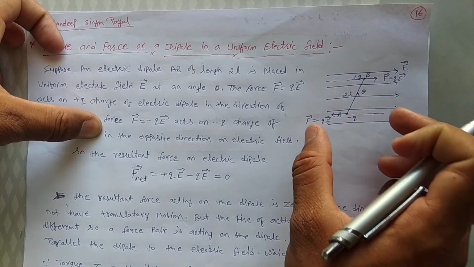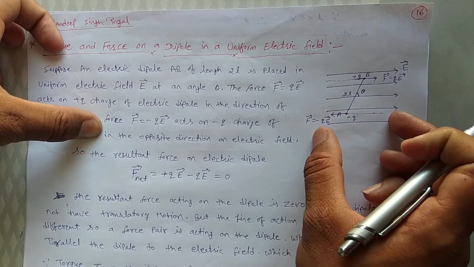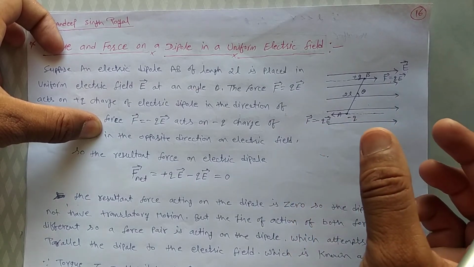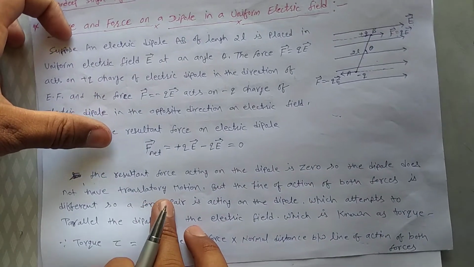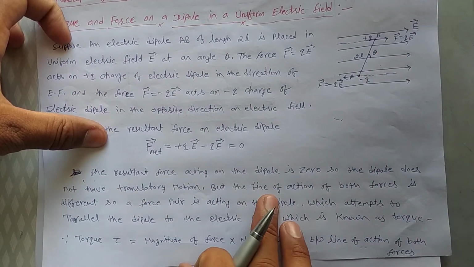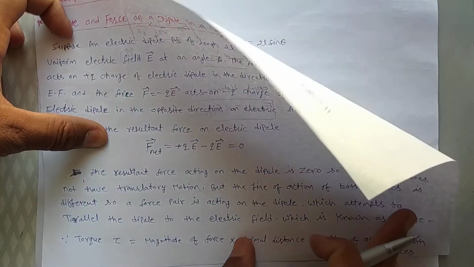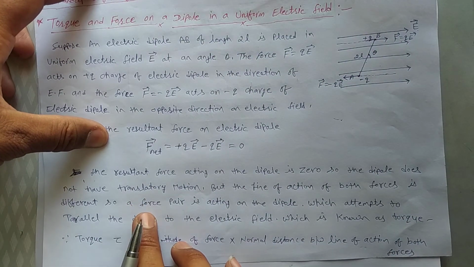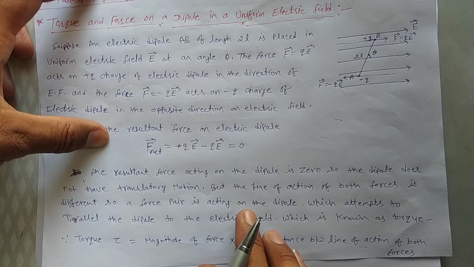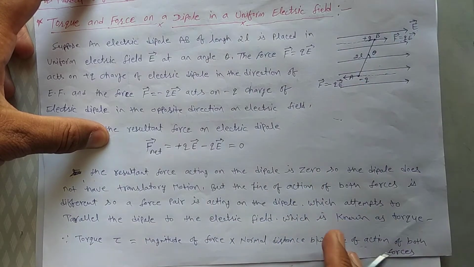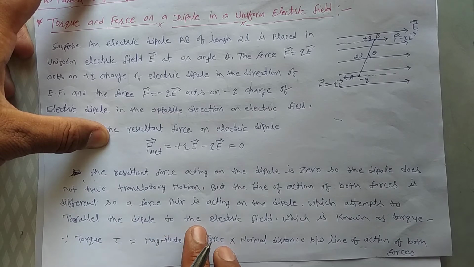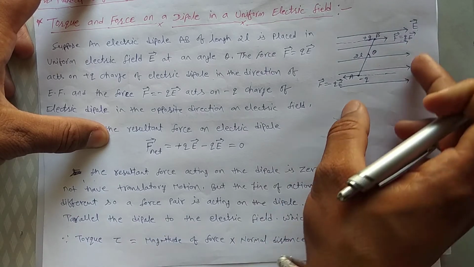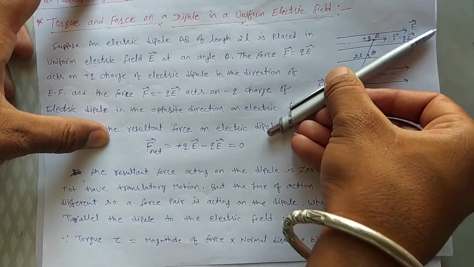This force pair is known as the torque on the dipole. So the line of action of both forces is different, and a force pair is acting on this dipole which attempts to align the dipole with the direction of the electric field, like this.